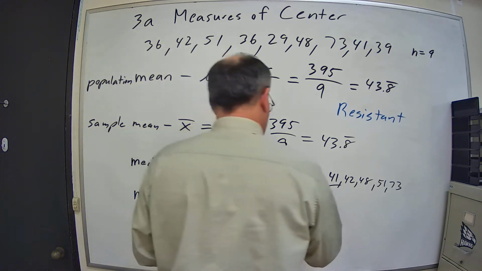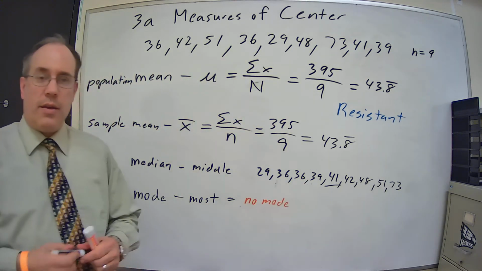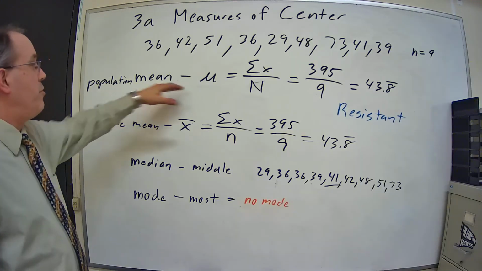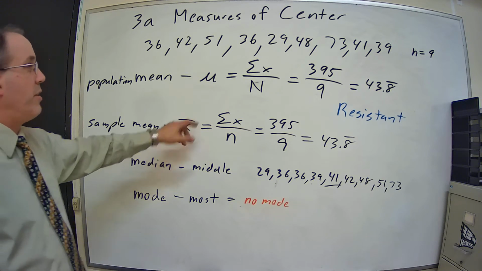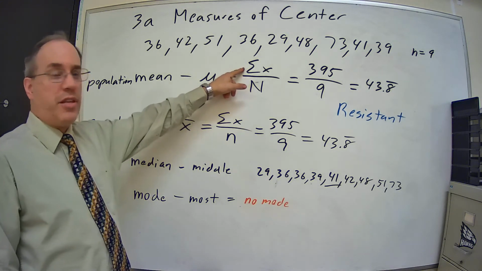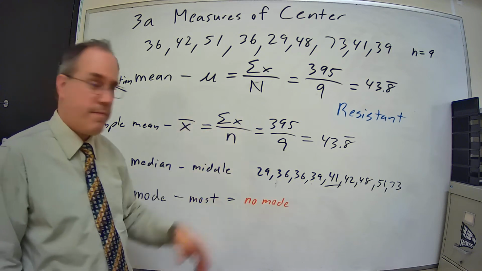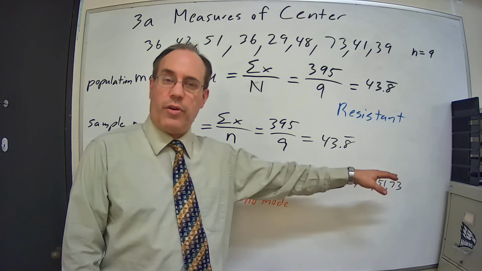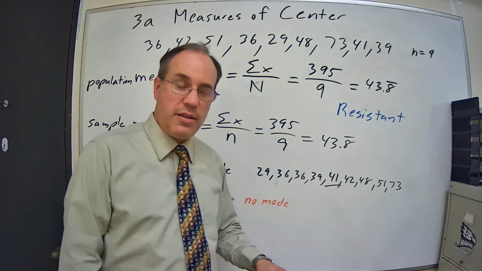So let me put my 36 back in here again. We have our mean, which could be a population mean, mu, or a sample mean, x bar, calculated by summing up all the data values and then dividing by either the population size or the sample size, respectively. Our median, found by putting all our numbers in numerical order, and then just finding the middle data value after doing that.